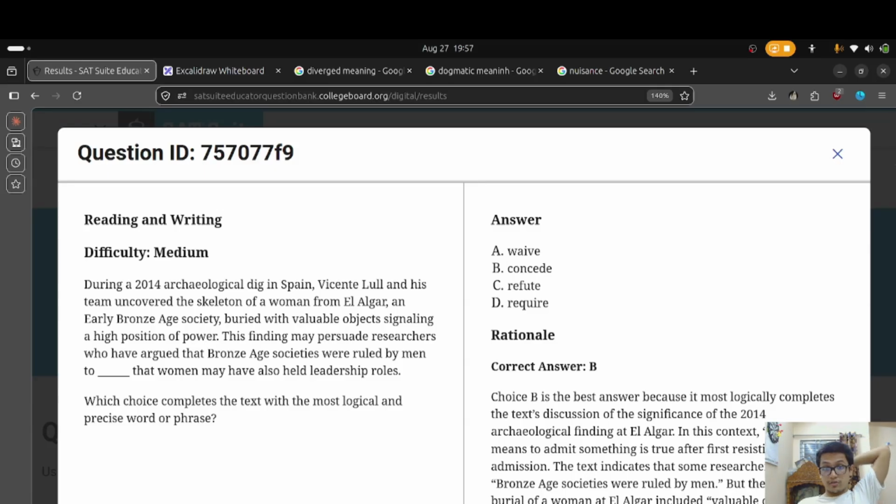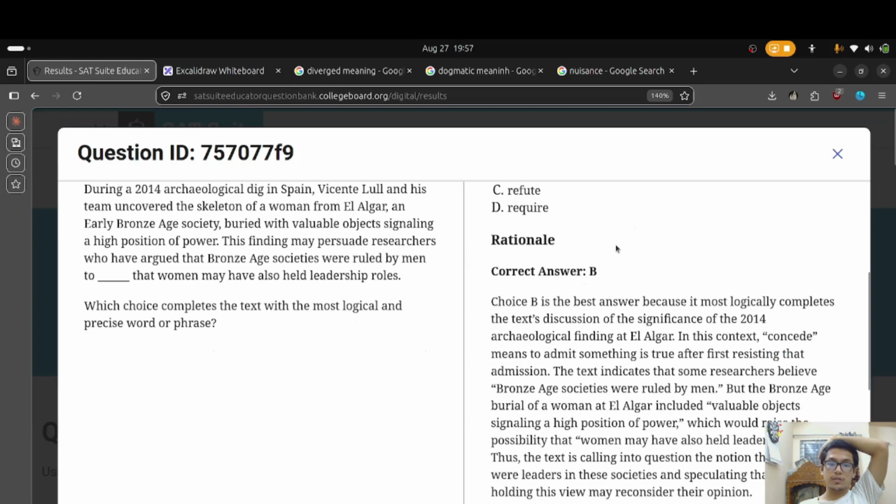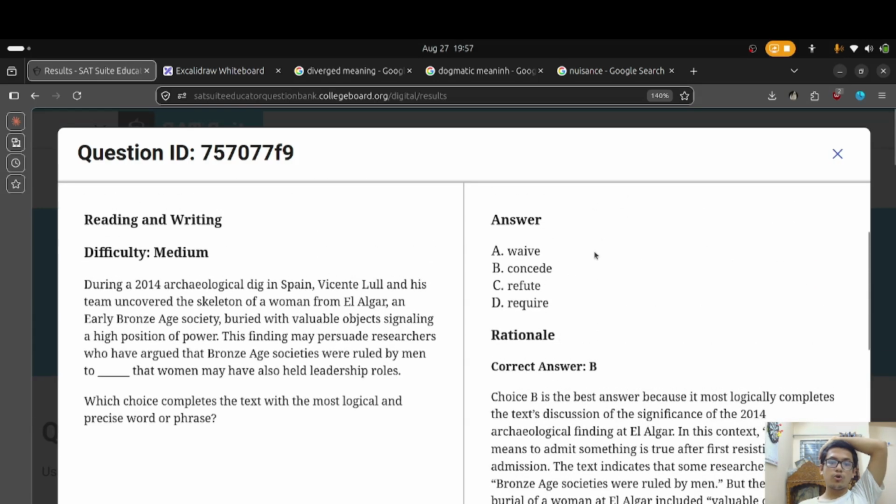I think that this was a vocab problem. Okay, this was a vocab problem. Maybe I was too fast. Concede means to admit something. Okay, so they want to admit. So they have to admit that women may have also held leadership roles.